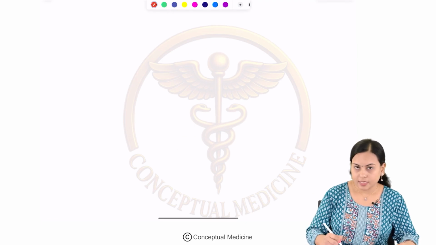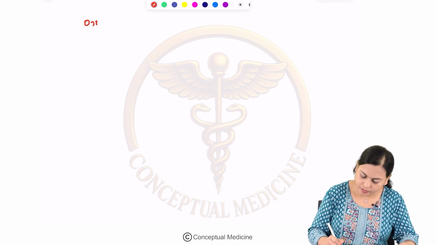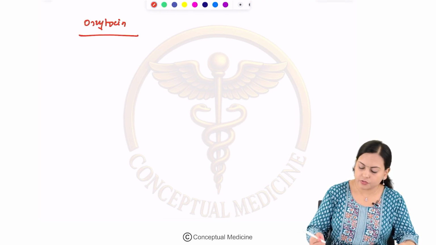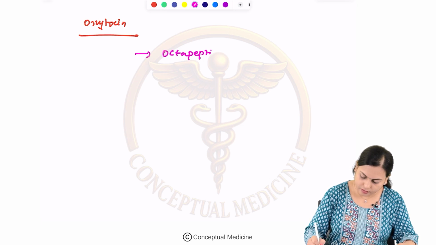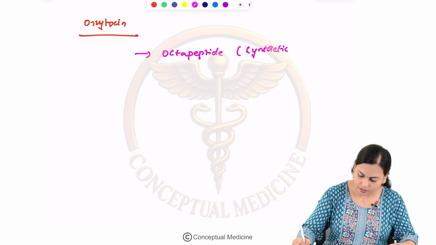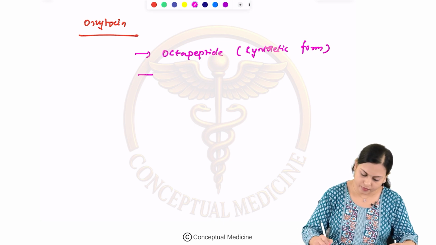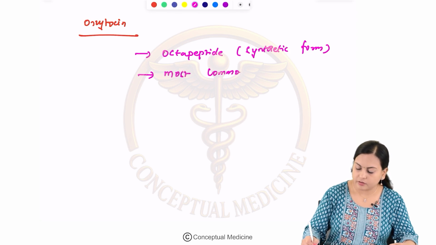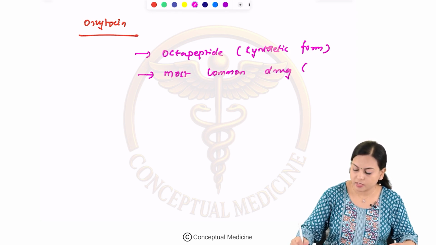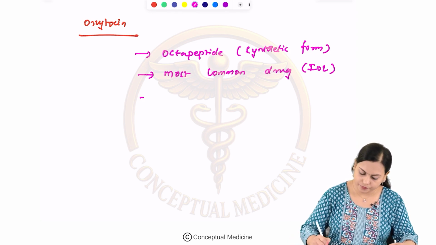Now, we will see about the oxytocin drug. This is an important drug that is used for augmentation. It is an octapeptide which is available in the synthetic form, and the most common drug that is used in induction of labor.